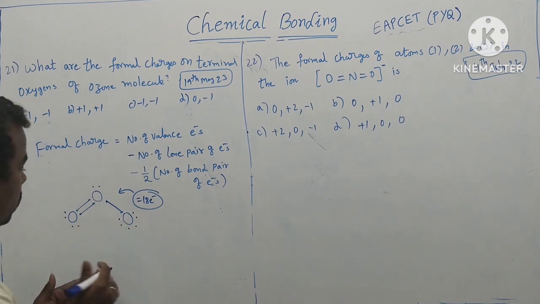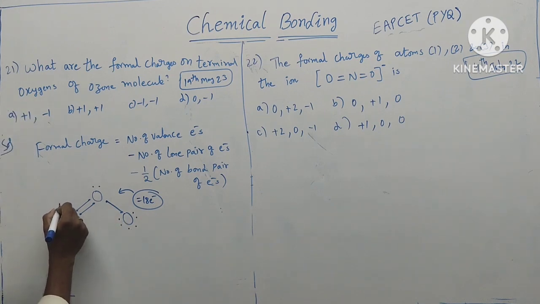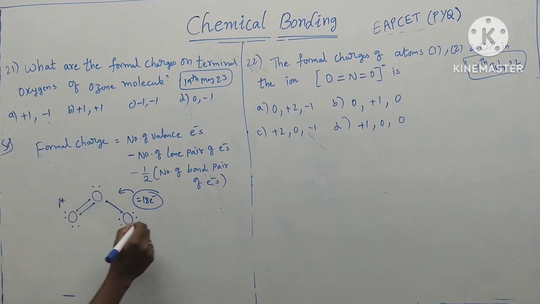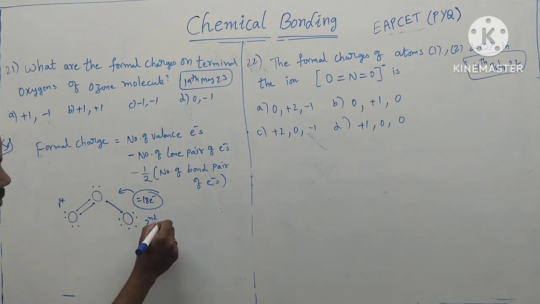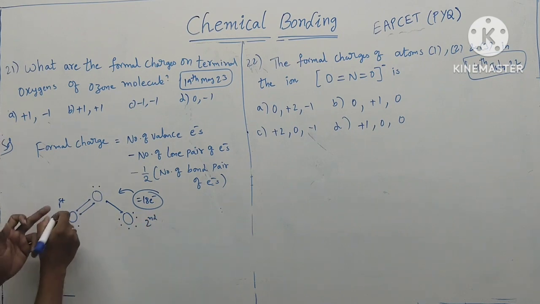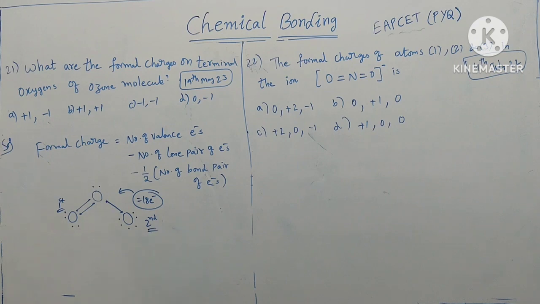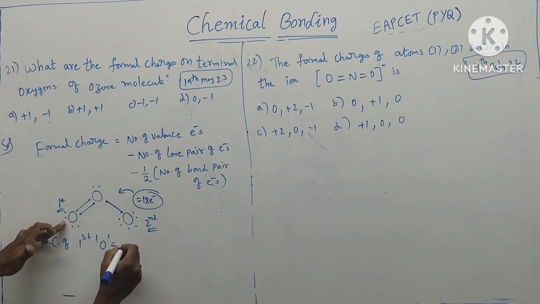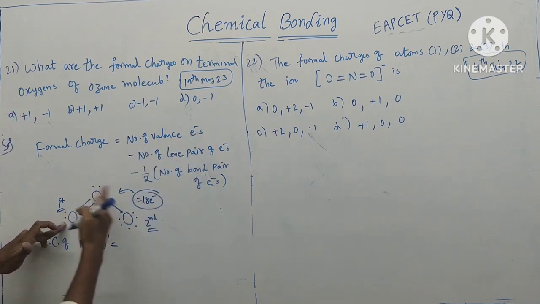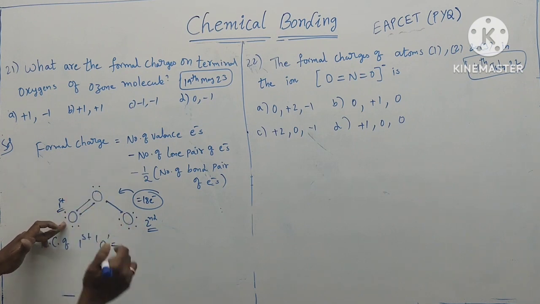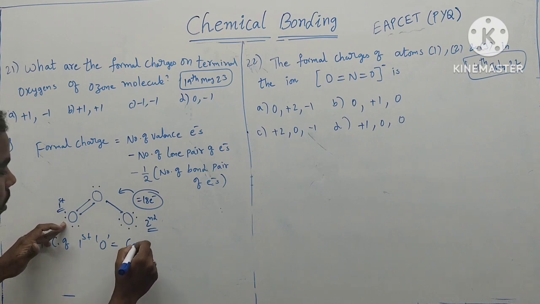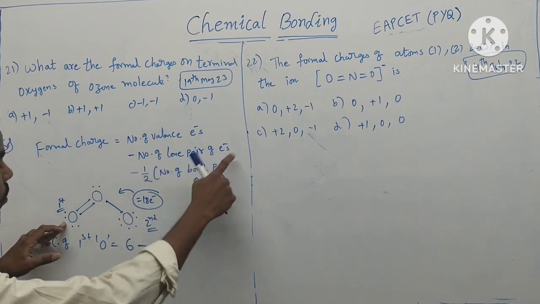So what is the charge? Let us calculate the formal charge of the first oxygen atom. First, the number of valence electrons of oxygen is 6, because it is in group 6A, minus the number of lone pair electrons.